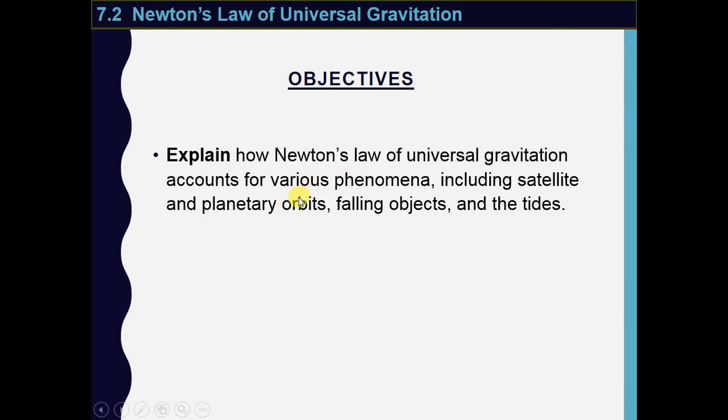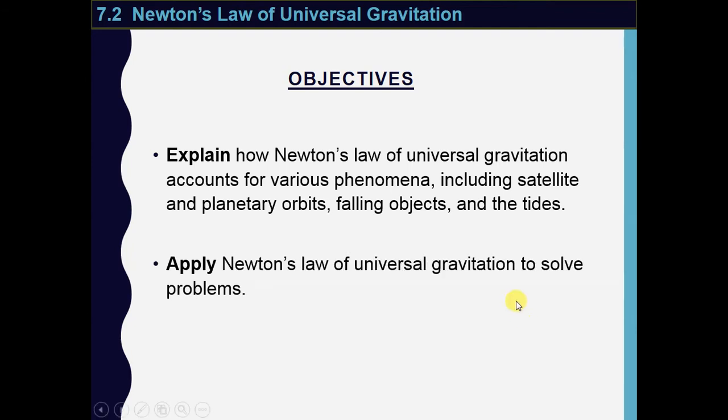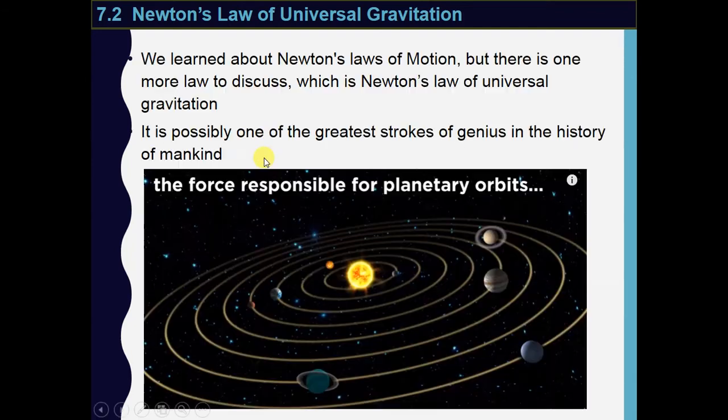So we will see how Newton's law of universal gravitation explains all of these phenomena, like how the satellite goes around Earth, how planets, all of them, move around the sun, how the moon moves in orbit around the Earth. All of these phenomena will be explained using this law. Okay, so apply Newton's law of universal gravitation to solve problems.